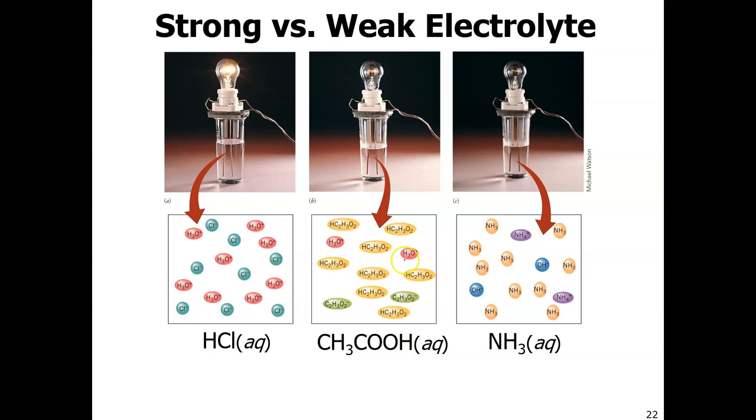So we have a little bit of that happening. And then if we look at ammonia, that's an even weaker electrolyte. So even less often, you can see that is happening with the ammonia in forming NH4 ions. So this can tell us something about the state of the compounds and how well they ionize in water.